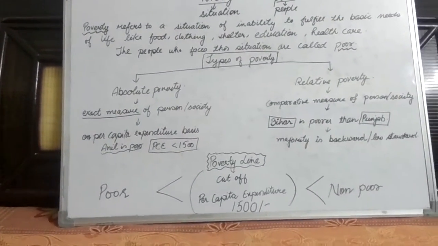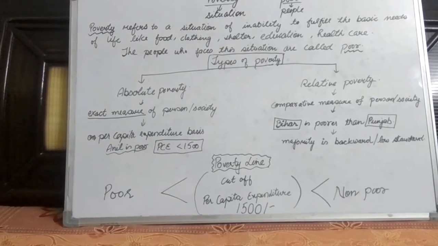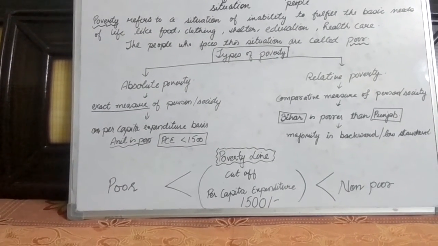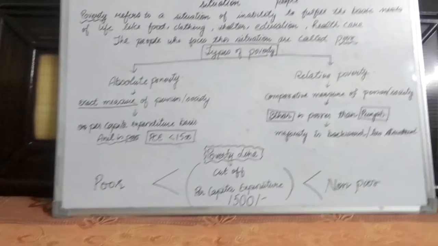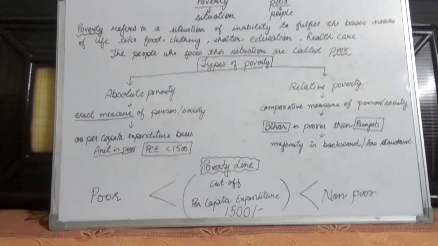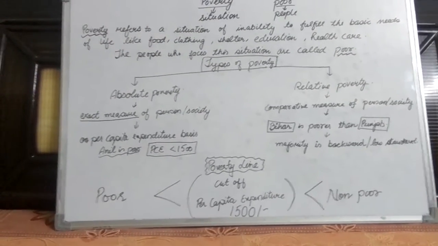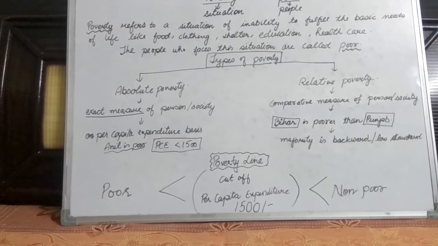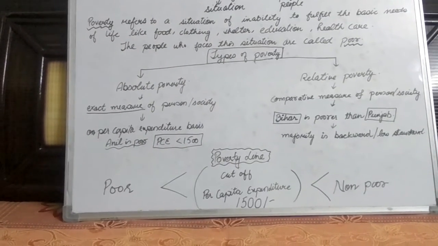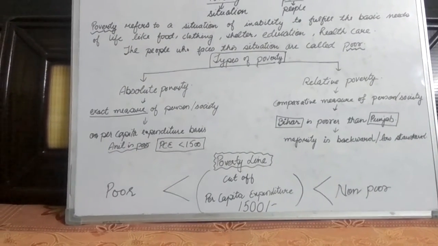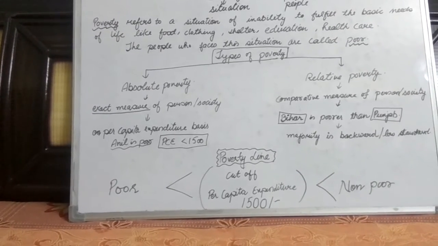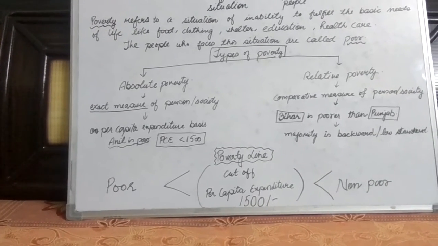Like we are considering here the per capita expenditure of the people of a society as rupees 1500. So those people who are earning or who are spending rupees 1500 per month on their consumption expenditure are non-poor, and the people who are unable to spend this amount are termed as poor people.